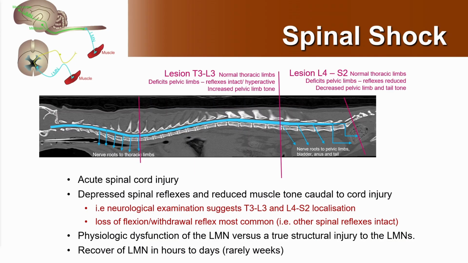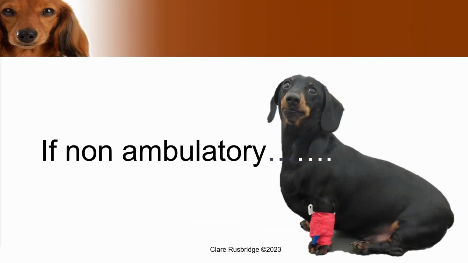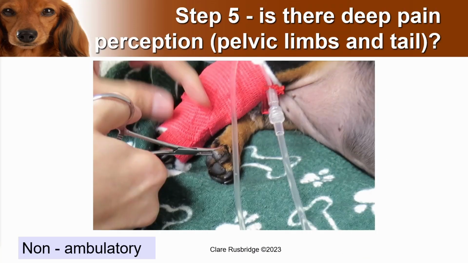So if the dog is non-ambulatory, what else do we need to do? This is when it becomes important to do a few other tests to assess how bad the injury is. The very most important one is assessing whether there is deep pain perception in the pelvic limbs and the tail.